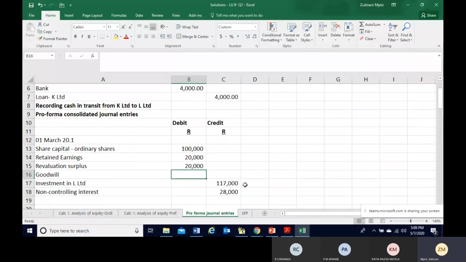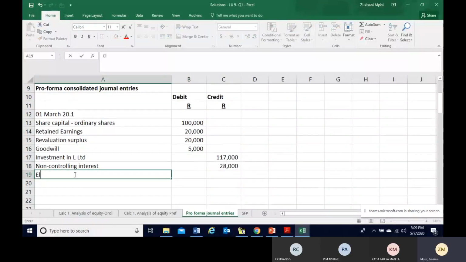Then it's the two balances, 145 minus 140, which gives you 5,000 for goodwill. And this is elimination of owners' equity of LLTD at acquisition. So we're done with the first journal entry.